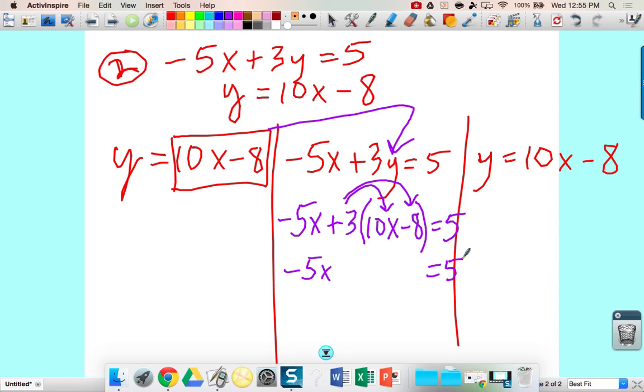Okay, and you multiply the 3 times the 10x, which will give you plus 30x. Okay. And then you would do 3 times negative 8, which would give you minus 24. All right. Now what?